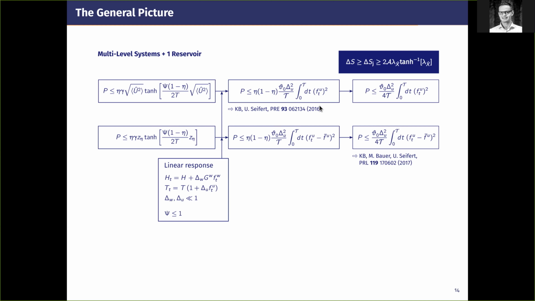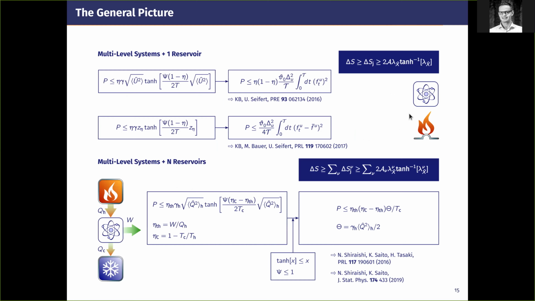This bound was obtained in an earlier paper by Udo and me. And finally, you can see that this efficiency-dependent factor has its maximum for lambda equal 1/2. And if you insert lambda equal 1/2, you get these efficiency-independent bounds on power. And again, you recover one earlier result.